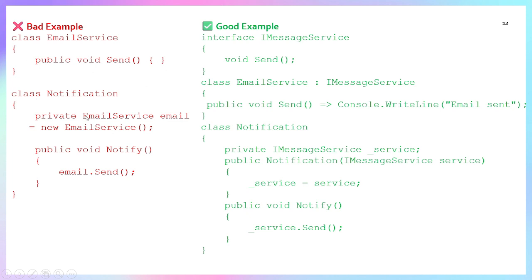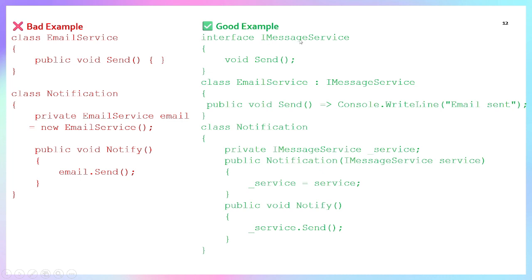In that we are inheriting that class, public email service void notify email dot send. Whereas what we are saying in the dependency inversion principle is that a big class should depend upon the interfaces, right? Abstract classes are there.